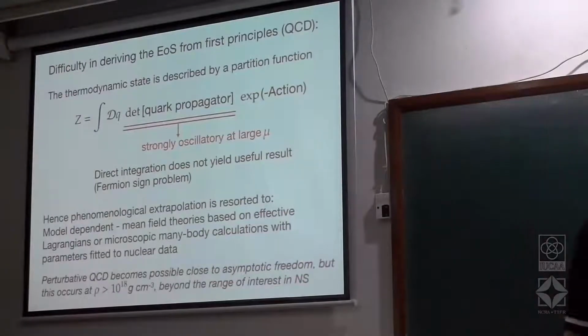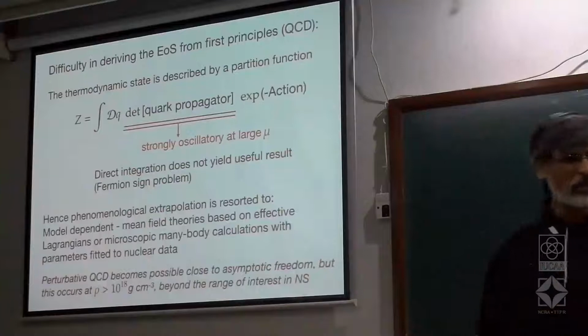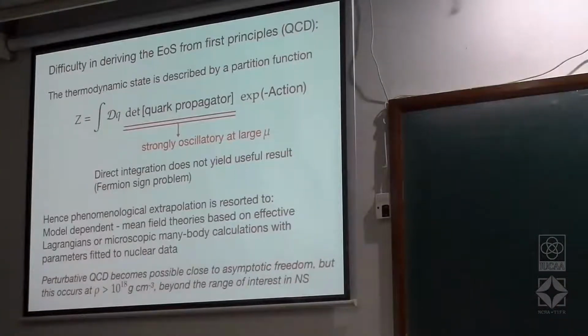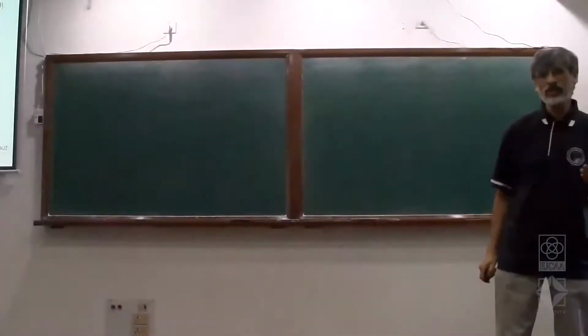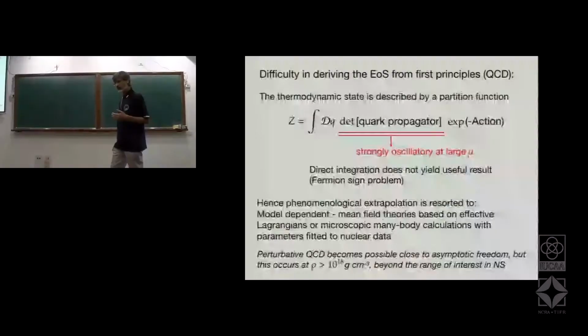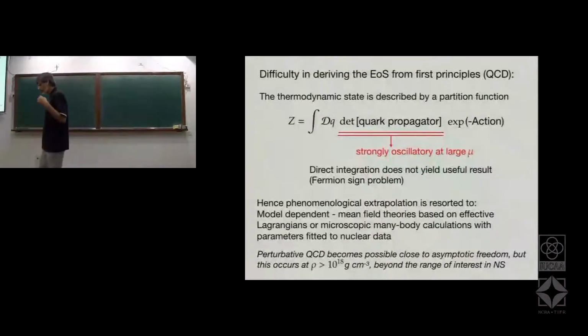And the problem with computing it straight from QCD is the following. If you may remember, QCD is a theory where the coupling constant is large. If you draw a Feynman diagram, then at each vertex you have to put a coupling constant to evaluate the interaction.